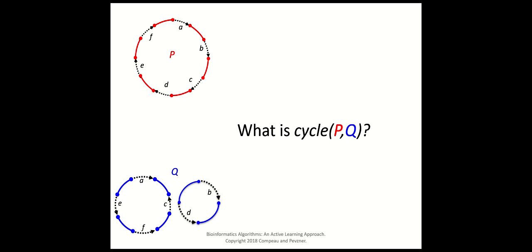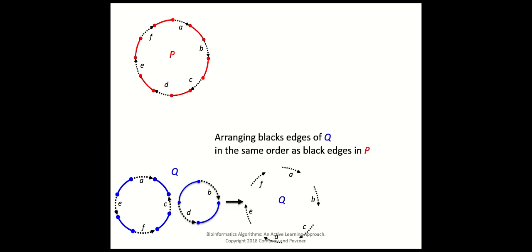Now I have a different graph, P and Q. Q is composed of two disconnected graphs, with a symbol at every time A, B, C, D, E, F. So I can normalize it.